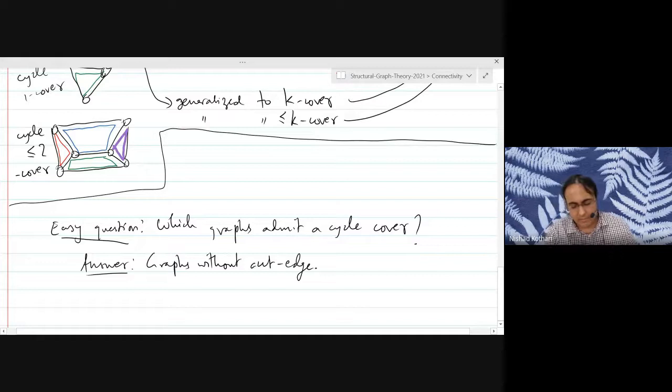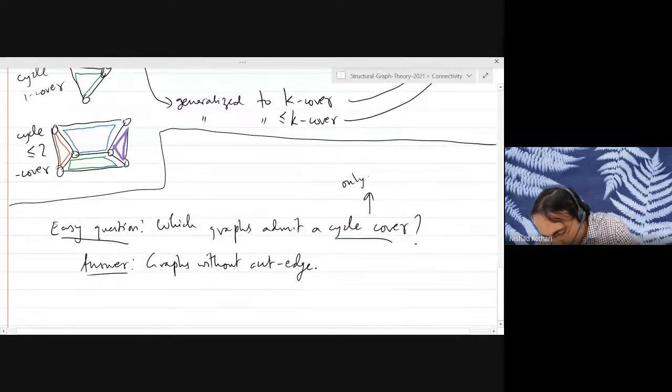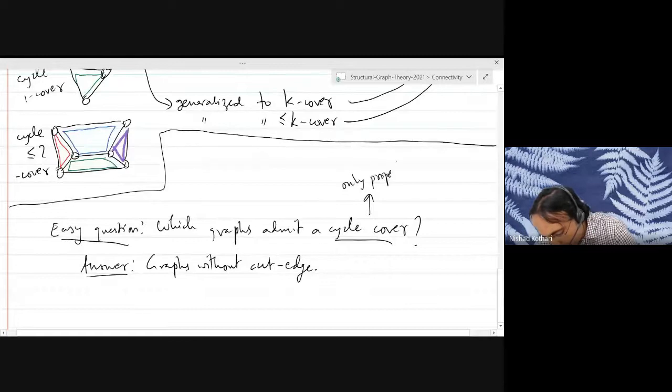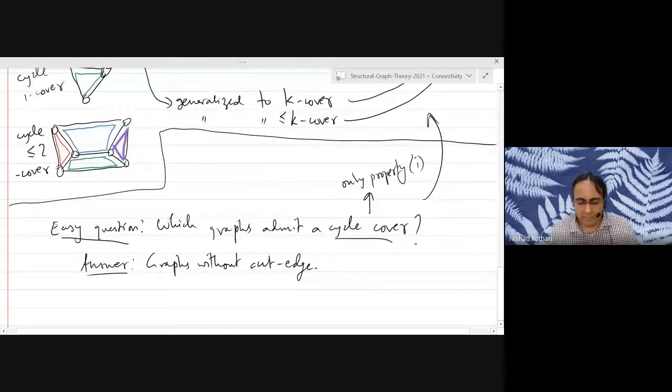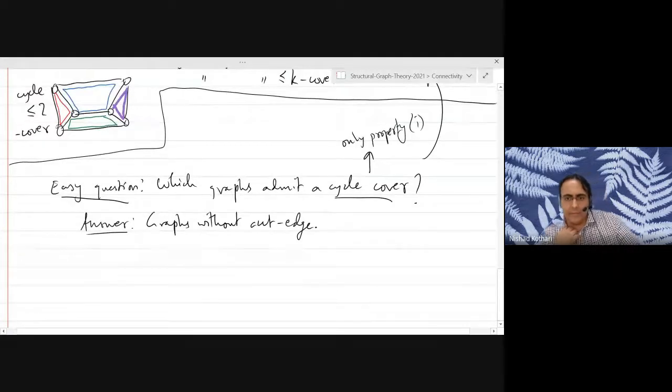So cycle cover just means only property 1 listed above. Does everybody agree? If your graph has no cut edges, then there is a cycle cover. You might use one edge 100 times, there is no problem. Okay? Good.